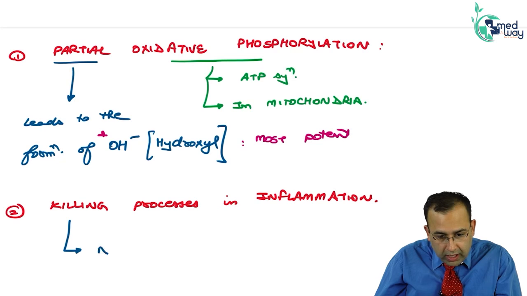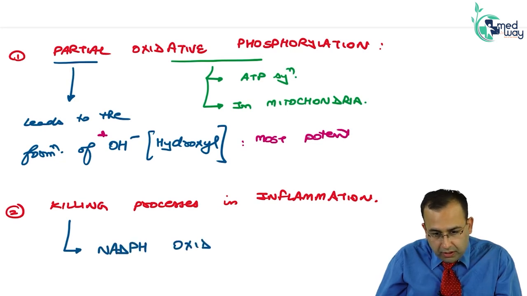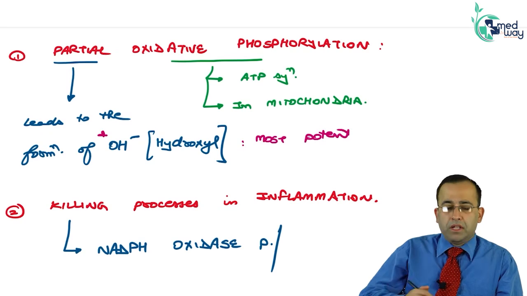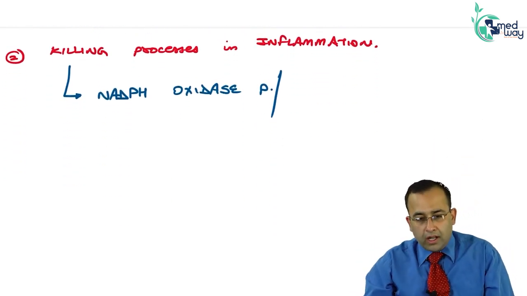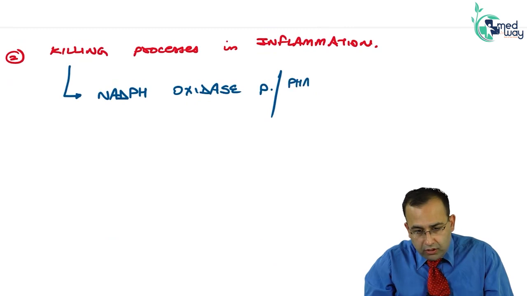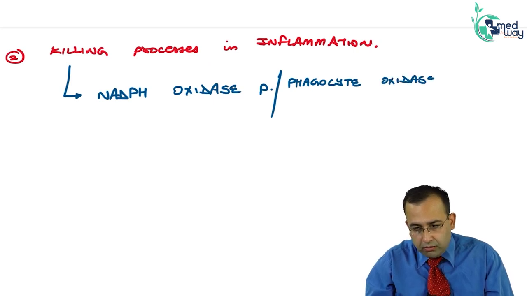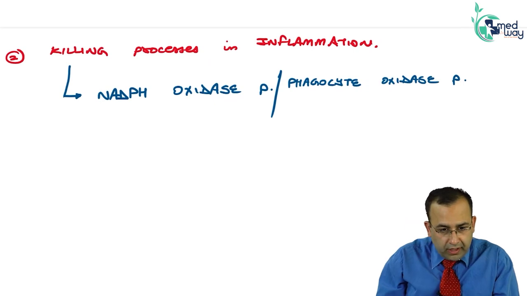That is the NADPH oxidase pathway, also called the phagocyte oxidase pathway, and the nitric oxide synthase pathway.